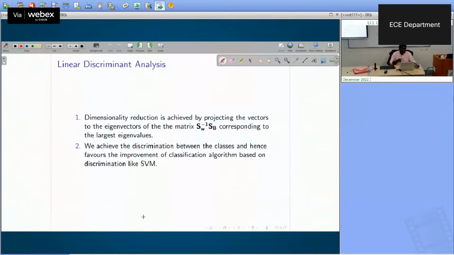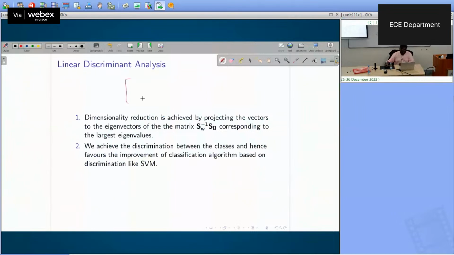SW inverse SB, right? Yes, yes. What he said is, eigenvalue, and then you have to find the eigenvectors corresponding to the significant eigenvalues. Those you are going to arrange column wise.